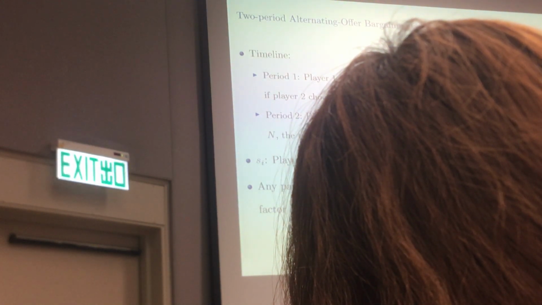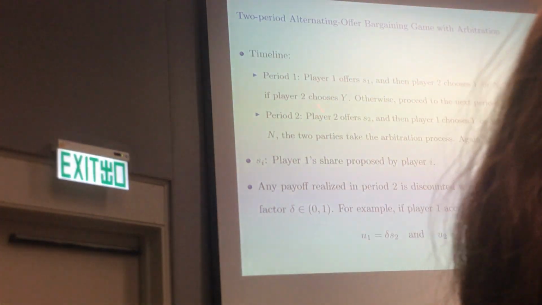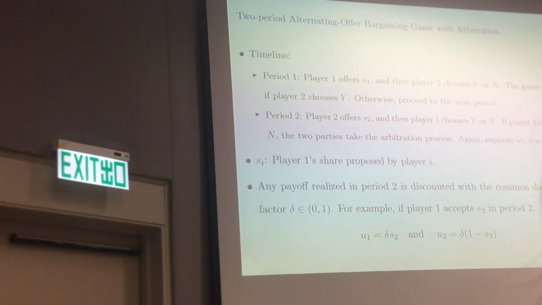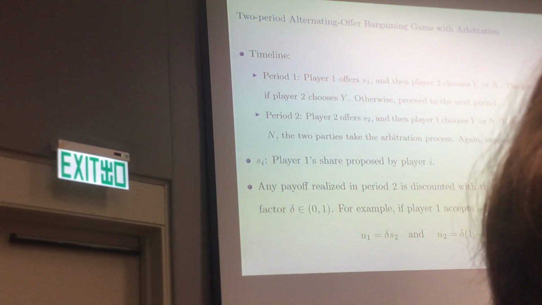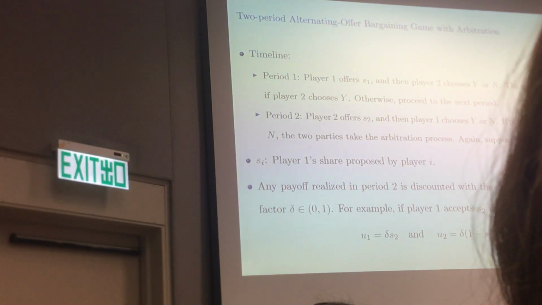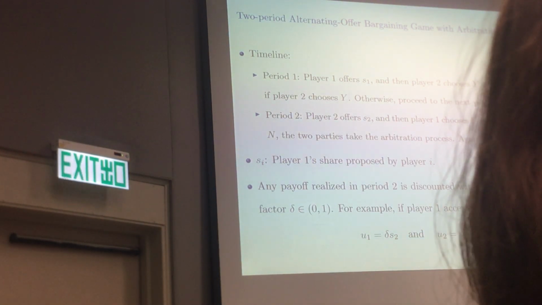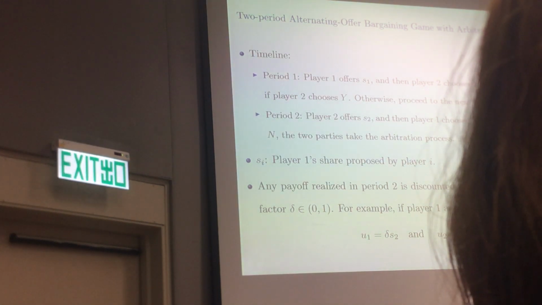Let me begin with the simplest game in which player 2 can make a counter offer. Now the game has two periods, period 1 and period 2. In period 1, player 1 makes an offer equal to S1, and player 2 can accept or reject. If player 2 accepts, then they make a deal. Player 1's payoff will be S1, and player 2's payoff will be 1 minus S1.